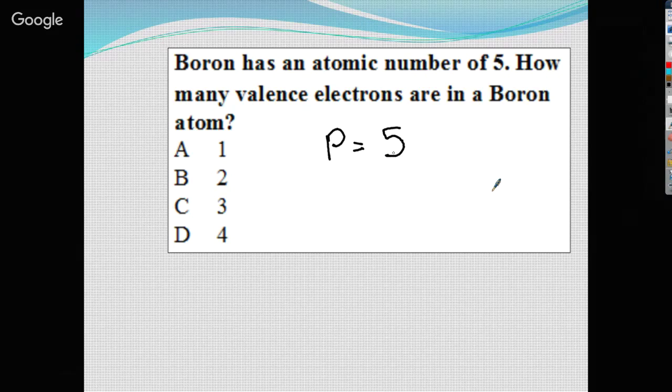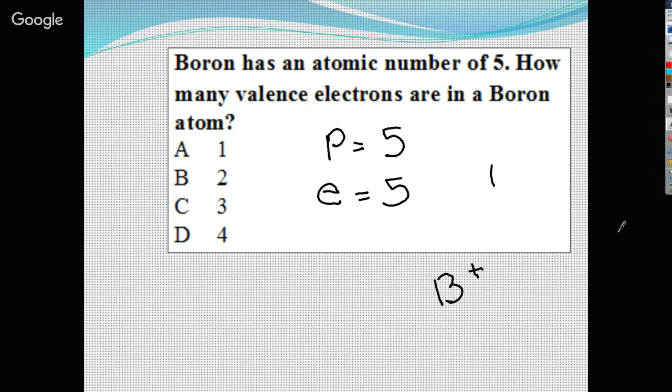And unless I use the word ion, how many electrons does it have? 5. Same exact number, unless I use the word ion, or unless you see something like boron negative. That would mean an ion. Or boron positive. That means the electrons are changing number. But if I just say boron, it's 5 and 5.